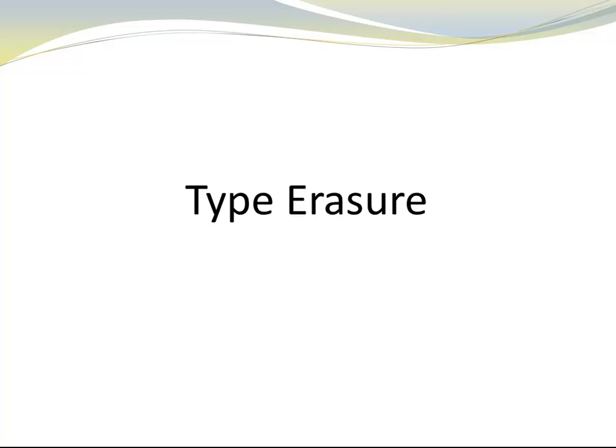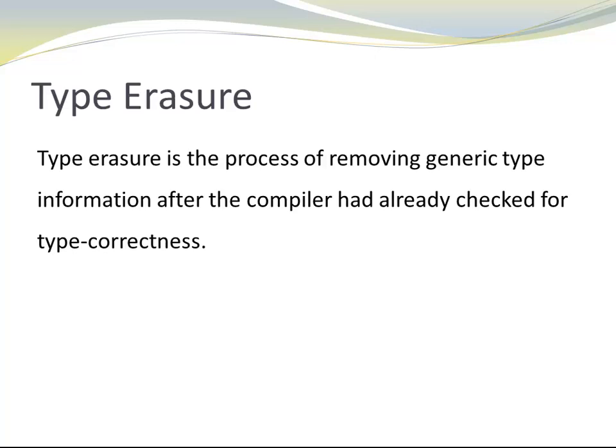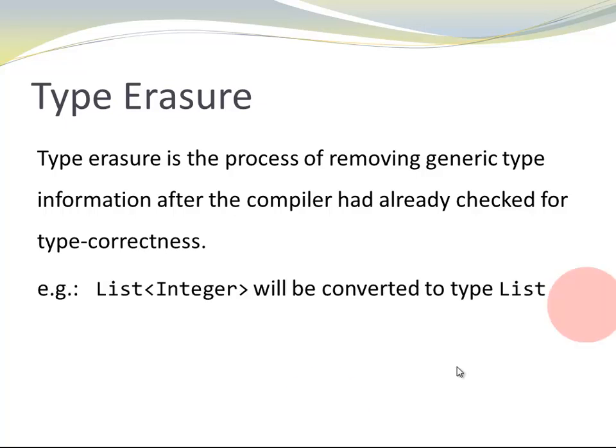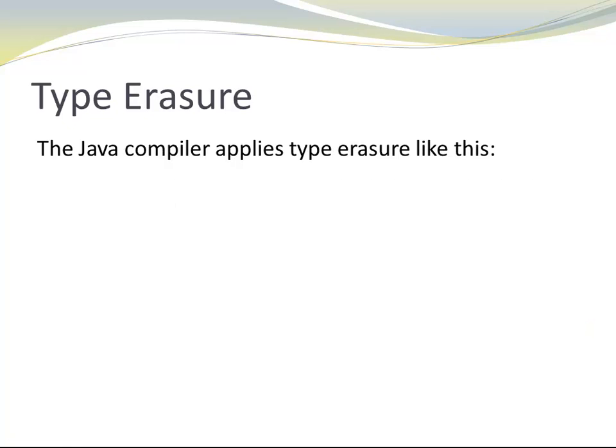Let's have a look at type erasure. Type erasure is the process of removing generic type information after the compiler had already checked for type correctness. Here I have a list of Integer, and after the compiler checked for type correctness, the list of Integer is converted to type List. The Java compiler applies type erasure like this.